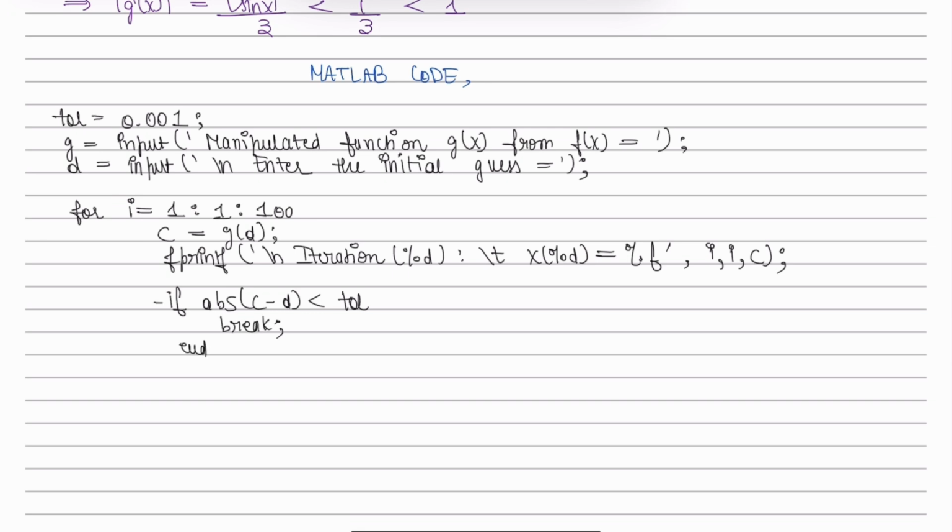Otherwise, we will update the value of D as C and continue this iteration till the stopping criteria is fulfilled.